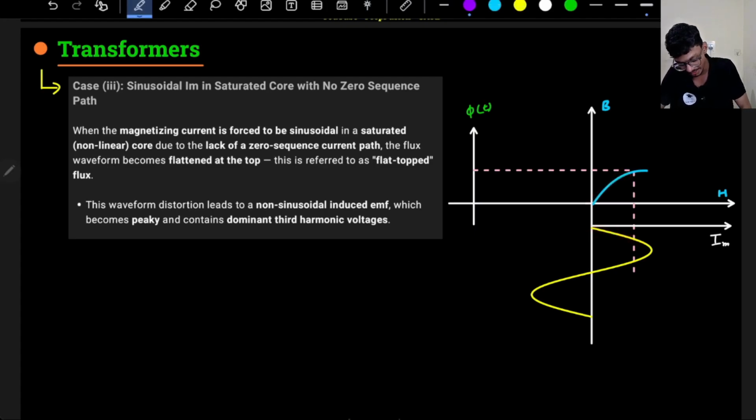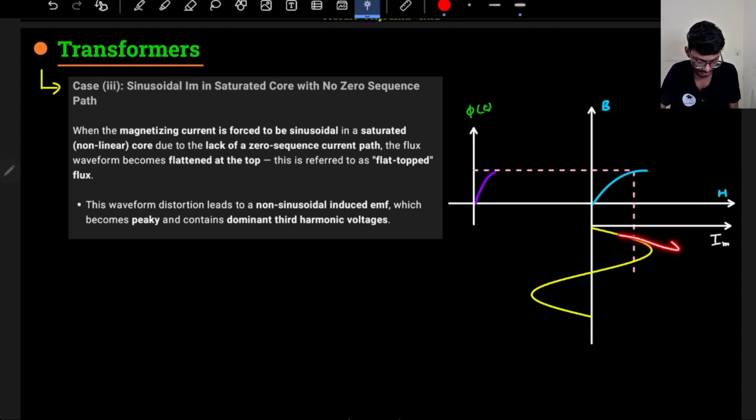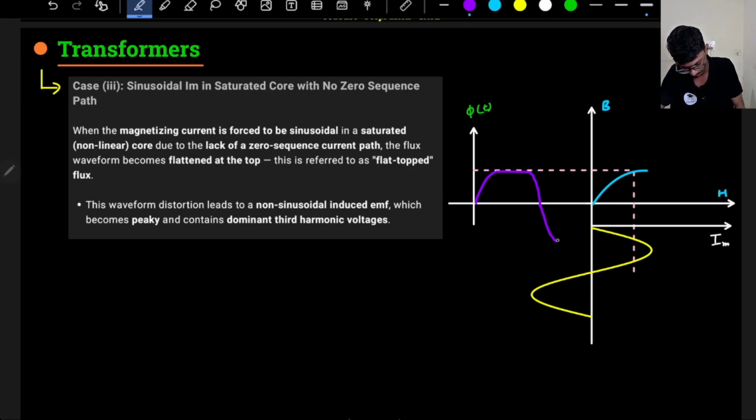It will behave slightly like a sinusoid, not exactly because it is non-linear. But as soon as I reach this point, if my current increases, the flux will not increase because the core has saturated. Any increase in current will not increase any flux. Then as soon as I reduce my current after this level, the flux will reduce, and like this it will happen on the other side as well.